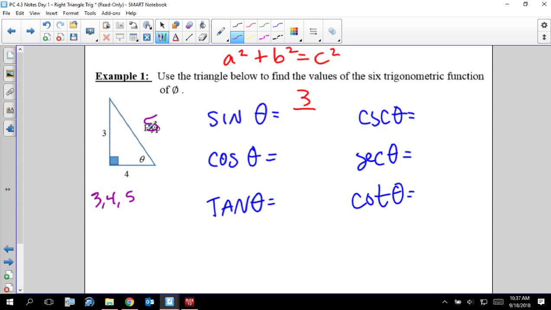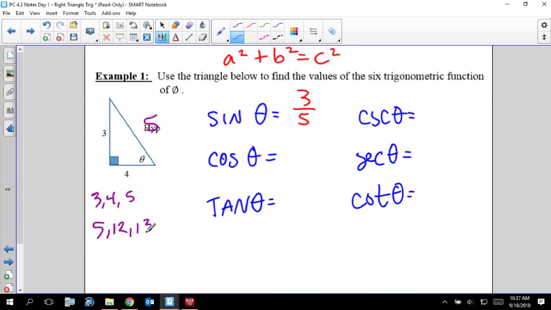Before I move on and finish the rest of this question, can we list a few other triples just to have handy? You will have a non-calculator test or quiz, and I will usually use triples on that. So if you don't know the triple that is 5, anybody know it? 5, 12, 13, yeah.